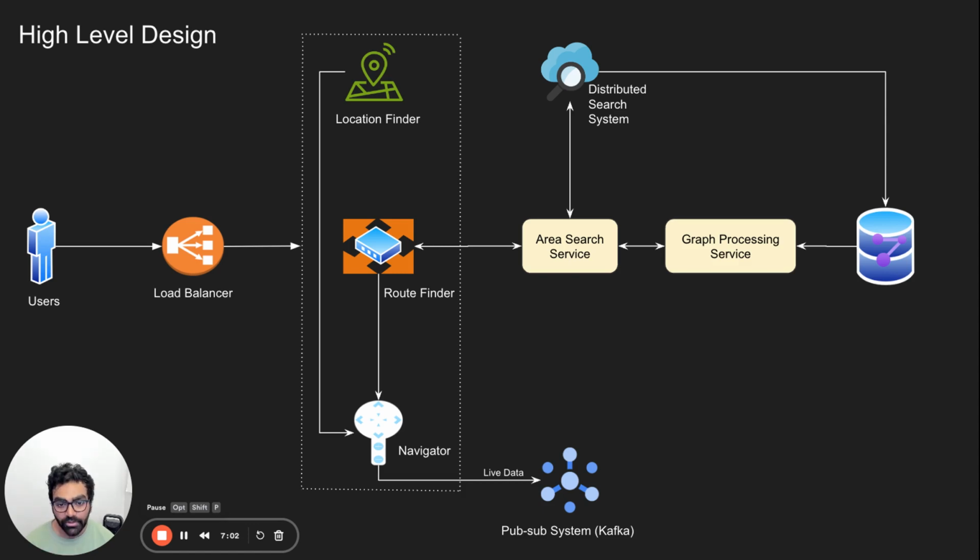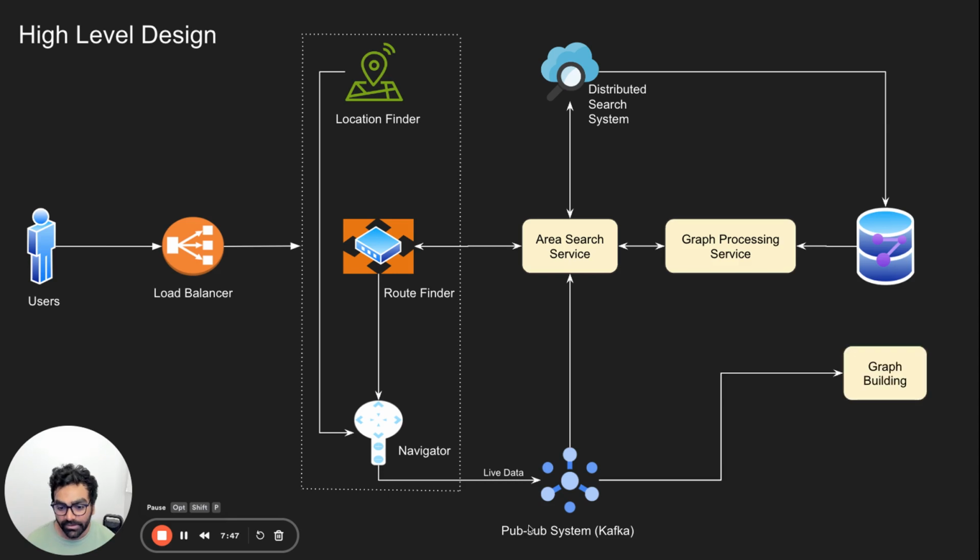As the data is going to be very huge, we want to introduce Kafka here. All the events get passed through this Kafka system, and if the user has deviated, this data is passed to the service, which will again suggest the correct path to the user with the help of the graph processing service.